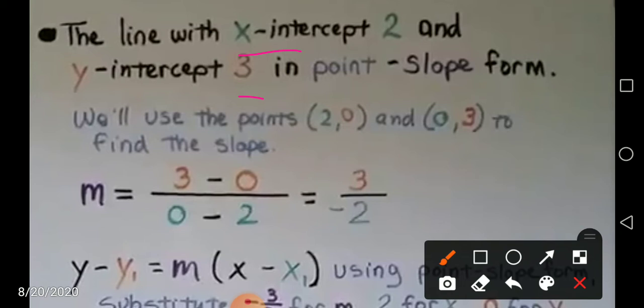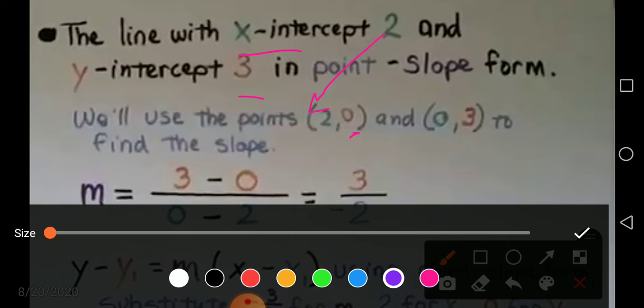Again, focus with me. X-intercept 2, so I'm going to say 2 and 0. And here, y-intercept 3, so it will be 0 for x and y is 3. This is an important note to find the slope.